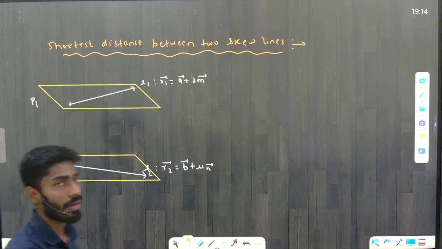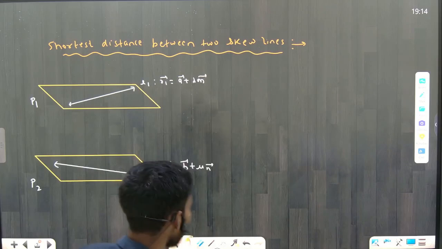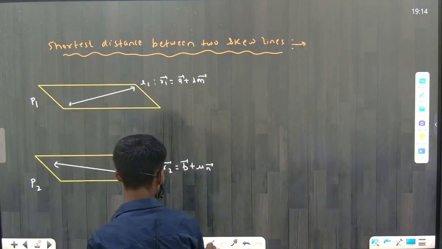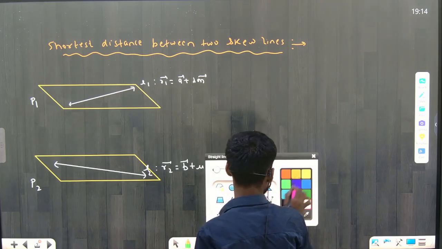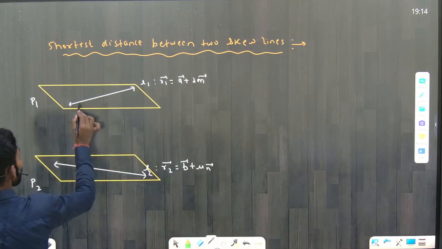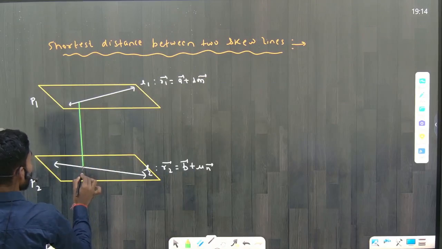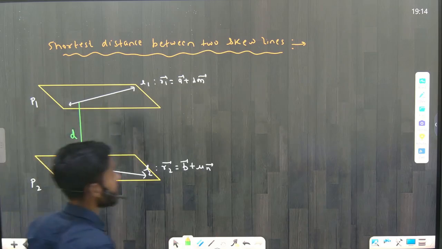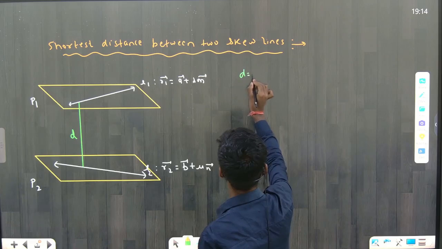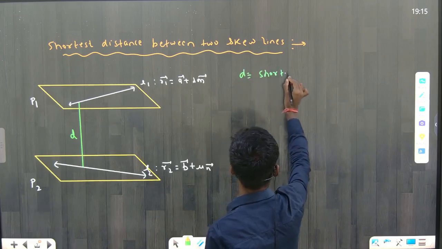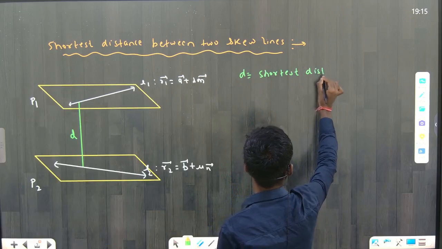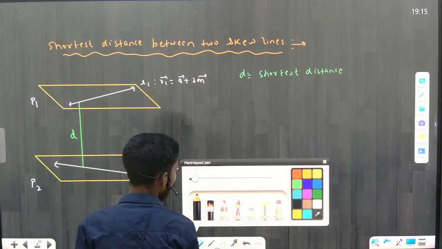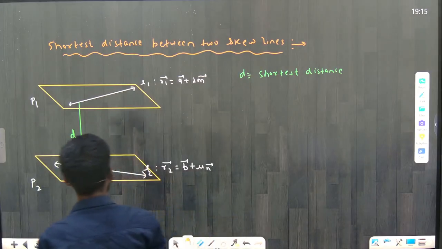And now also let us assume the shortest distance between these two lines is D. Suppose that D is the shortest distance between two skew lines. D is the shortest distance. Now let us assume two points on this line.